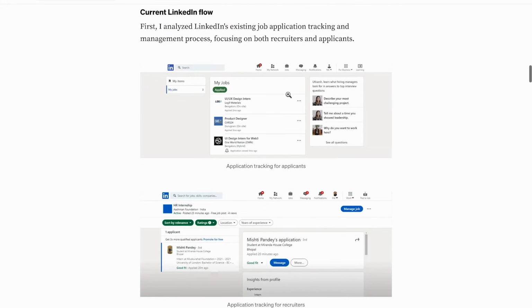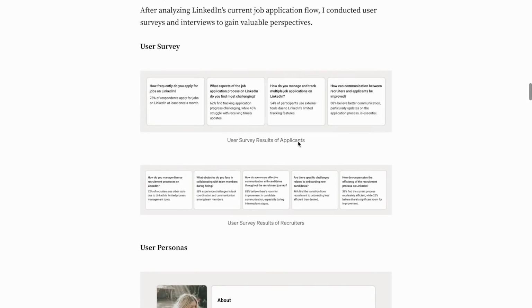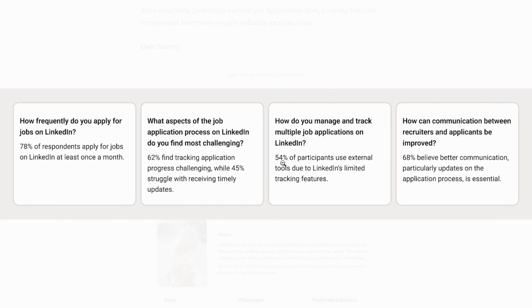Now you already mentioned here that there is this job tab and people can look at the jobs they've applied to, right? So you already have the answer. So what does this mean? And the answer is 54% of the participants use external tools due to limited tracking features. External tools like what? To track what, right? All of this is completely incomplete.